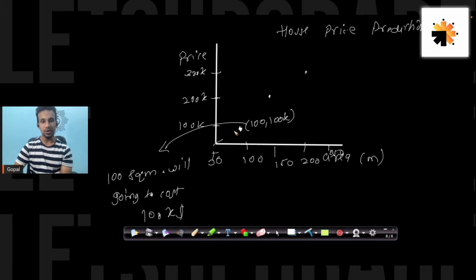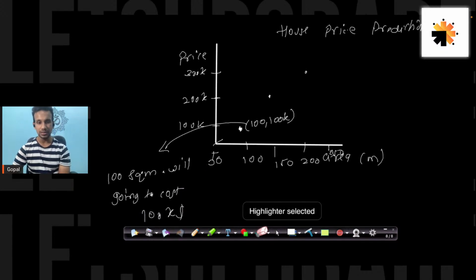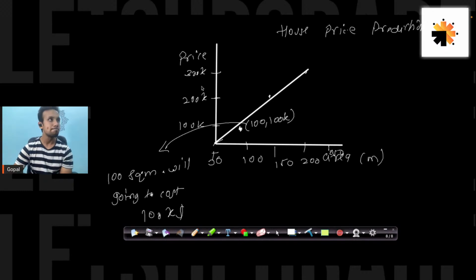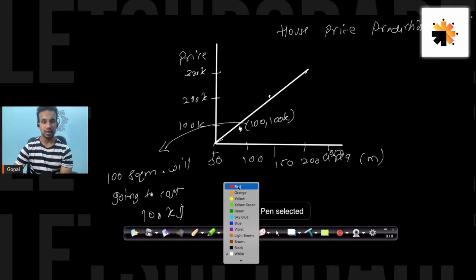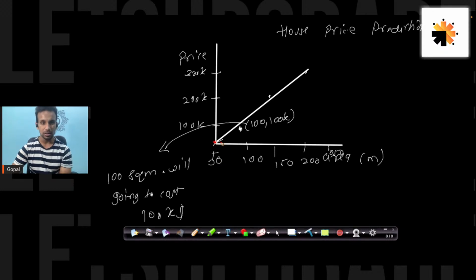Now let's connect these points with a line. What I just did is create a model based on these points. These points are nothing but coordinate values in a Cartesian system.